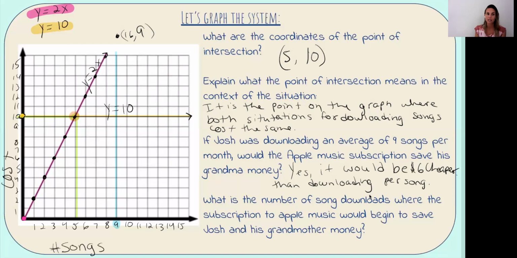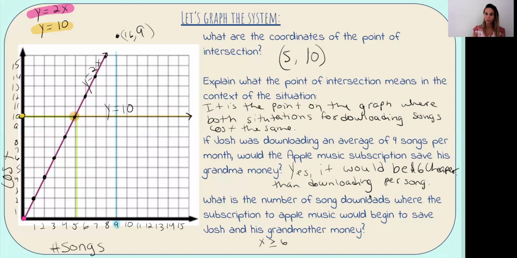So that means 6 or more songs would be saving his grandmother money, right? So 5 songs is going to cost exactly the same, so it doesn't matter which one they choose. But after 6 or more songs, the subscription is going to be the better choice because it's going to save them money. So you could describe that as saying x is greater than or equal to 6.